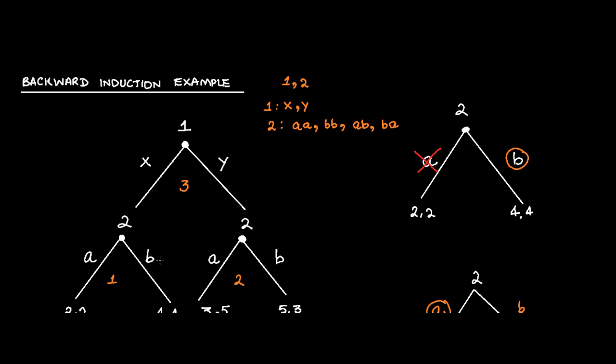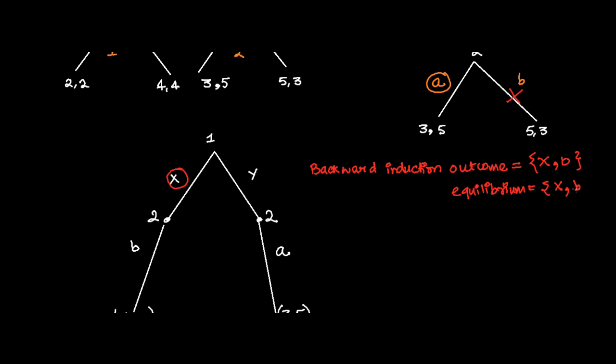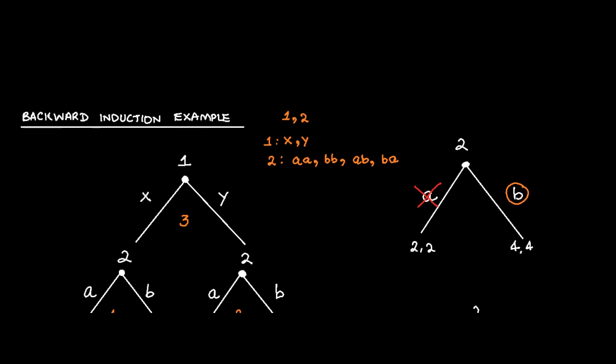From the first sub-game he has chosen B, and from the second sub-game he has chosen A, so it is BA. Got this? So this was another example of backward induction.